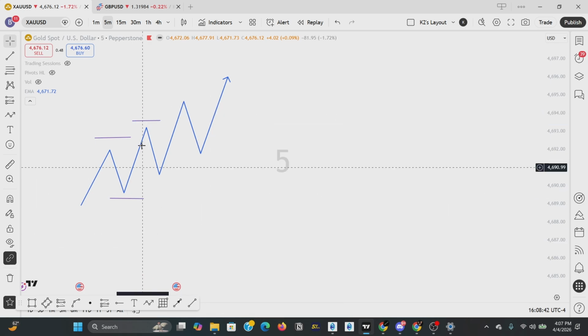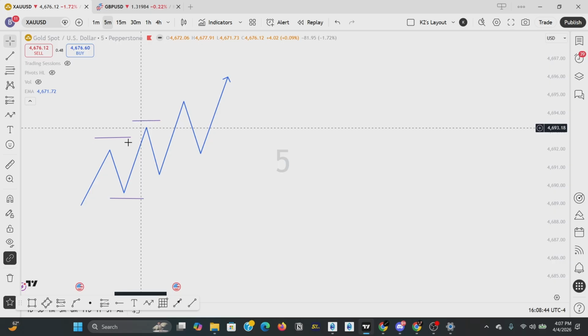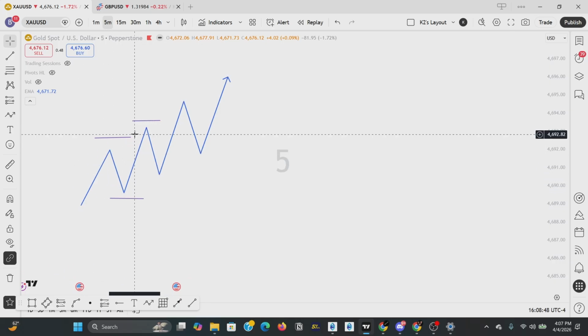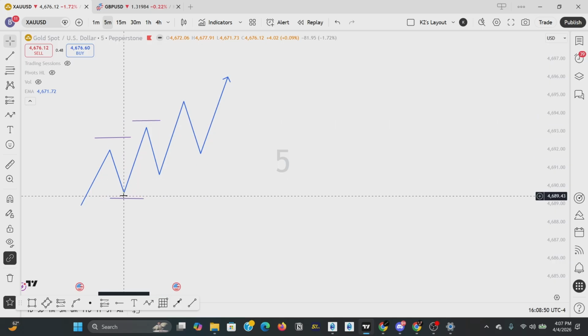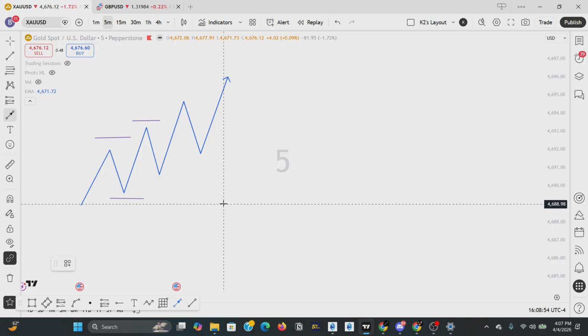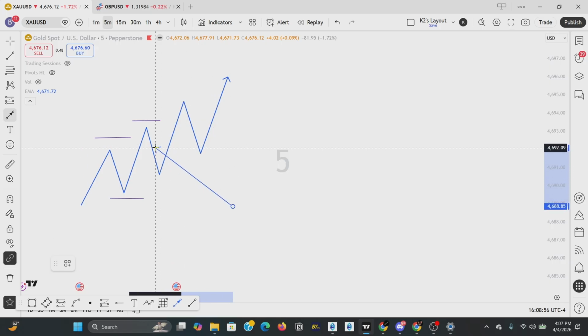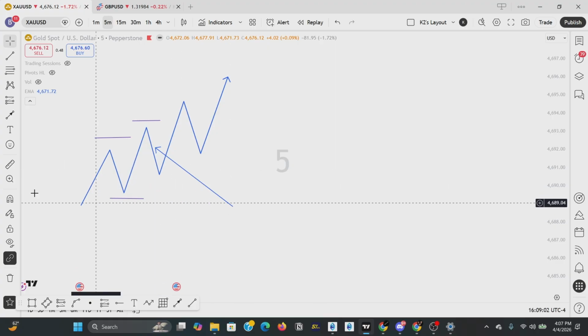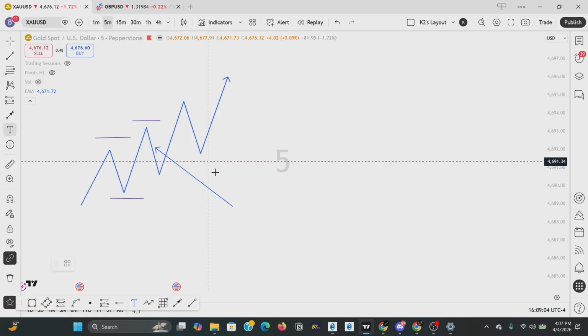The way I trade is after price makes this higher high, after it's already bullish, it makes this higher high after this higher low. I will be waiting for a pullback. This right here is a pullback, or this is a pullback.